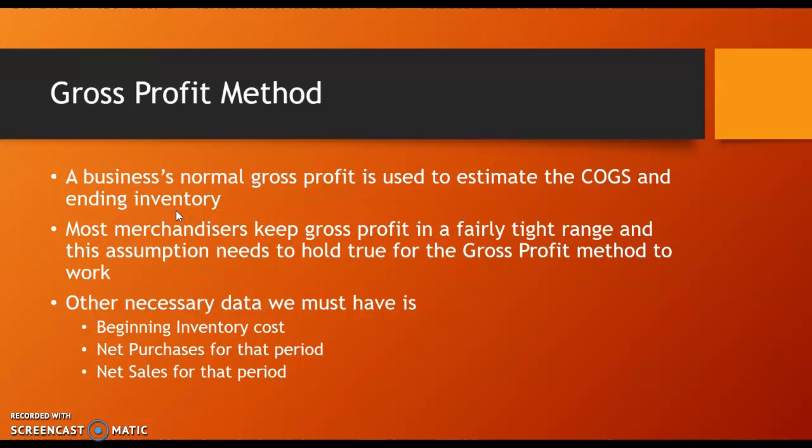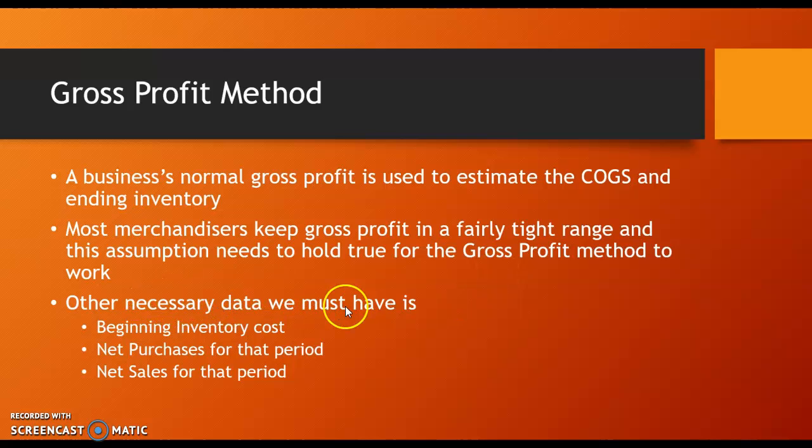If this was a new business and they don't have an exact normal gross profit built up, then this becomes kind of a useless method. Most merchandisers keep gross profit in a fairly tight range percentage-wise, and this assumption needs to hold true if this method is going to work.